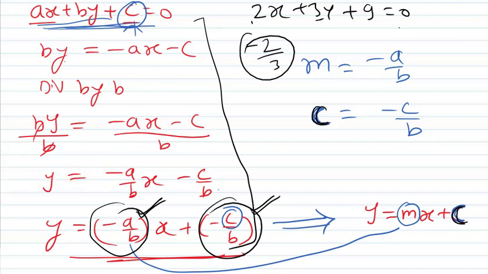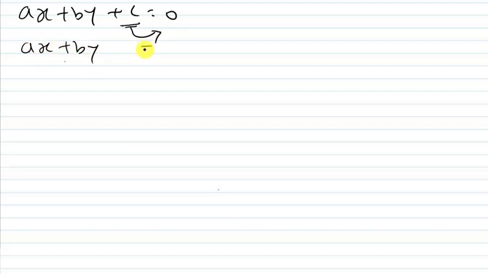Now converting the given equation into double intercept form. How to convert? Let's suppose the standard equation is given as ax plus by plus c. Right? What you will do? Just send this constant to the right hand side. What I will get? ax plus by equals minus c. Right?